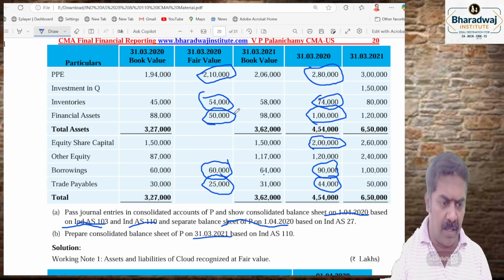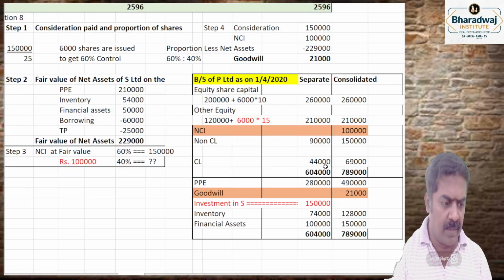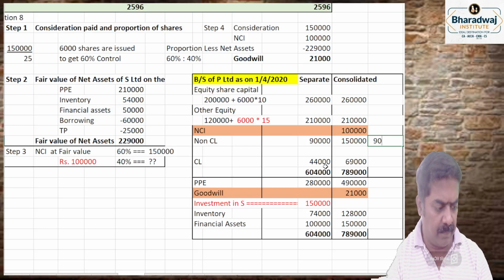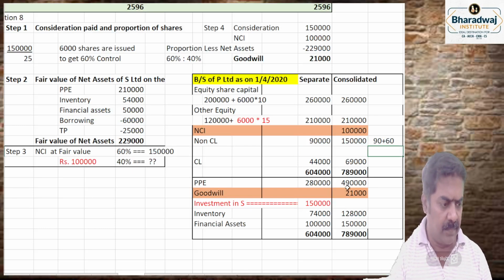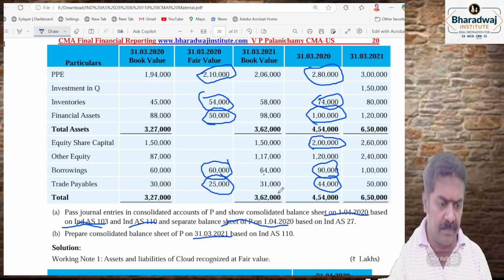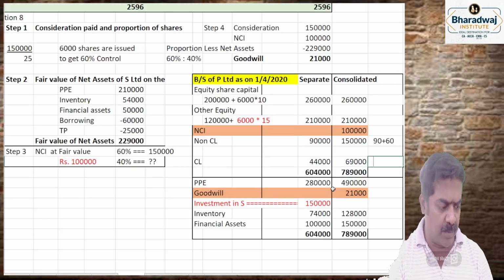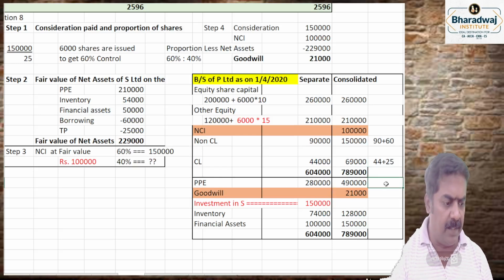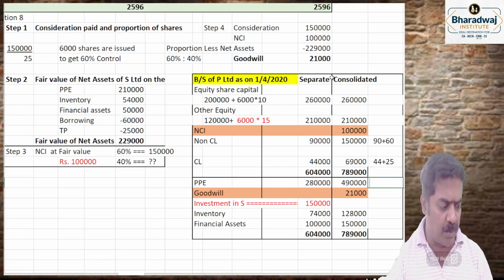How does this non-current liability come? 90 plus 60. How does current liability come? 44 plus 25. PPE 280 plus 210.